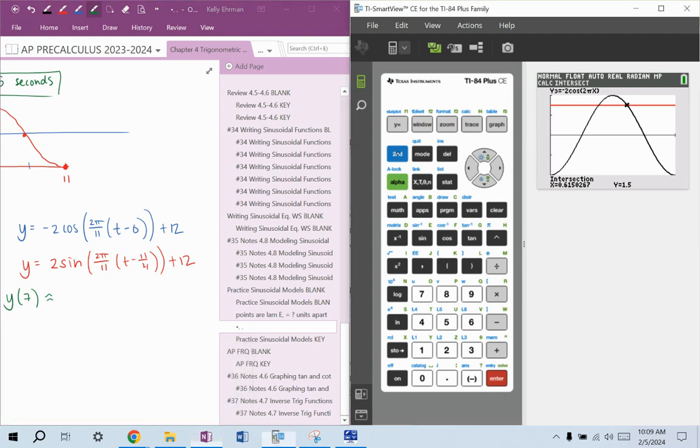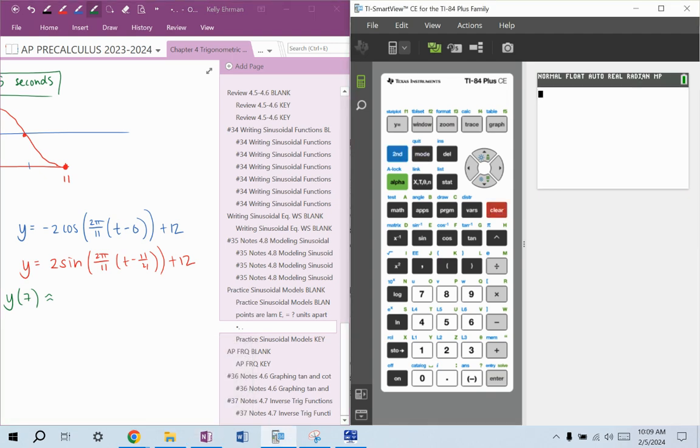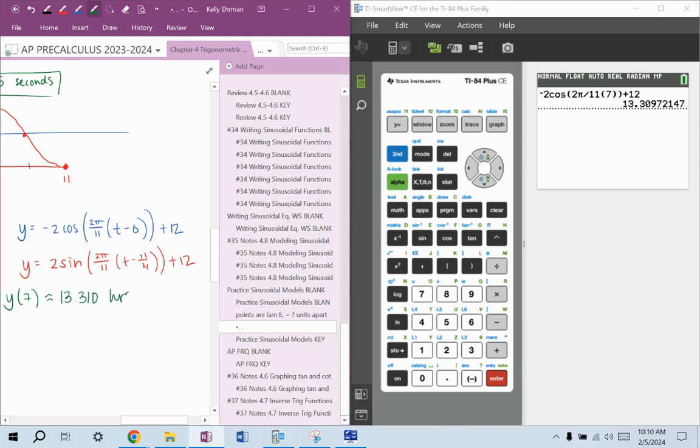So in radian mode, negative 2 cosine of 2 pi over 11 times 7, 7 minus 0 if you want, plus 12, 13.310. The label on that is hours. We're talking about hours of daylight.